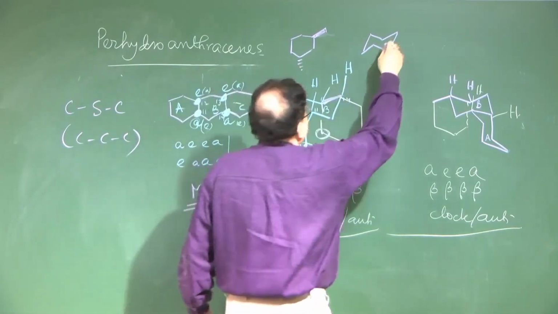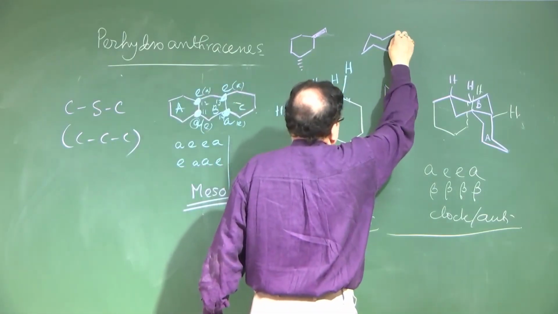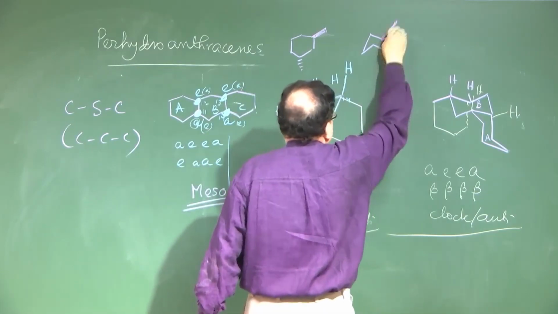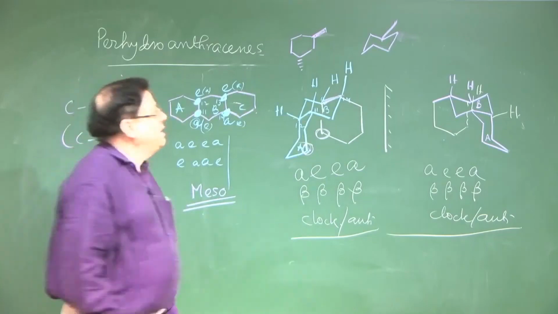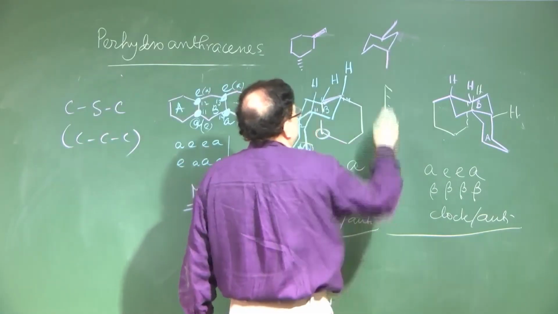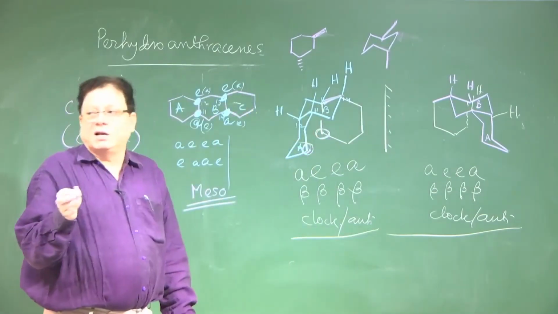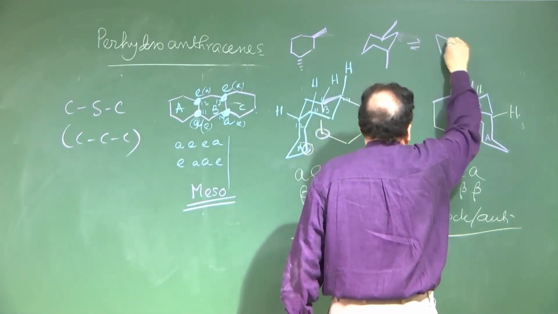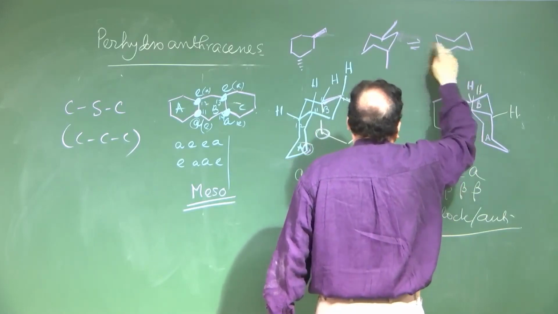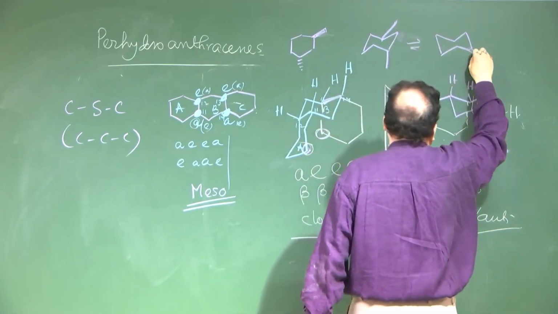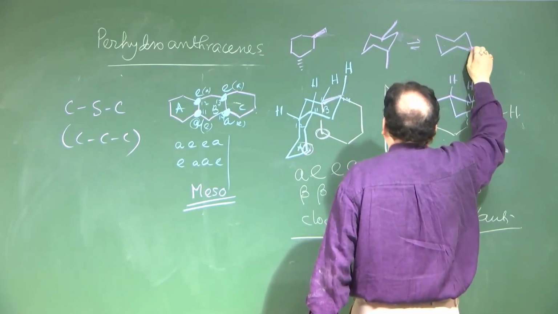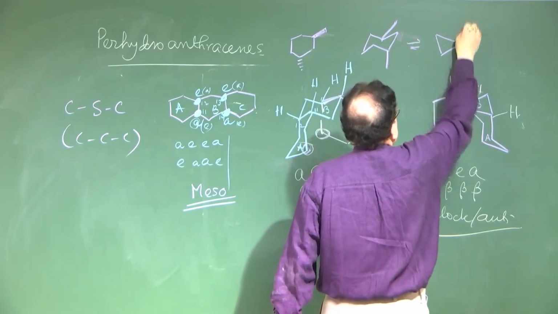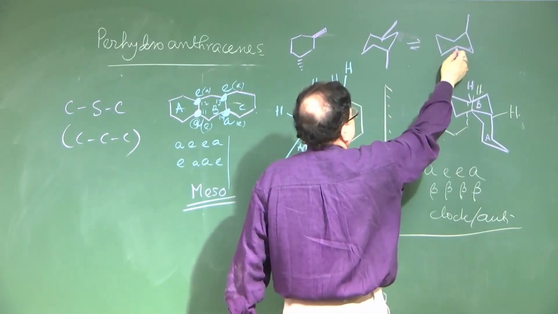If you have this as equatorial, sorry, this is beta. So, better make it this methyl here, and the other methyl, to make it trans, will be axial. So, equatorial axial relationship. If you flip it, then you get this, so that carbon comes here. So, this will be your axial and this will be your equatorial.